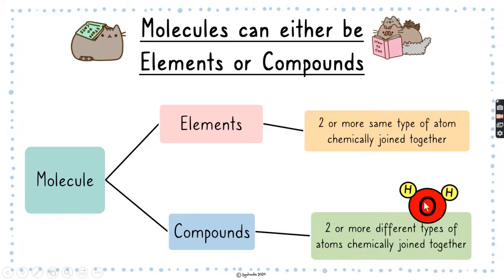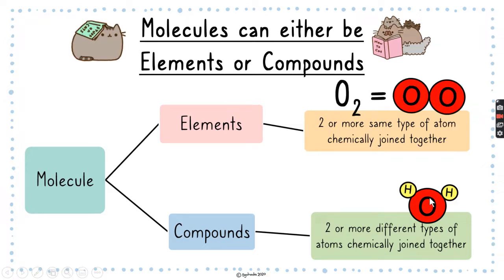For example, water itself is a compound because there are two types of atoms chemically joined together. And O2, oxygen, is made up of the same type of atoms, so it's called an element. Although it's a molecule, it's an element. And H2O is how you write this down to represent water.